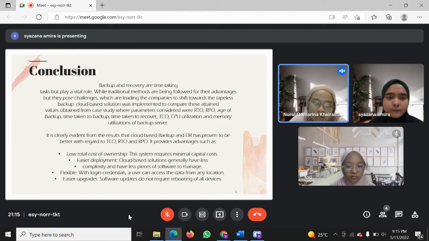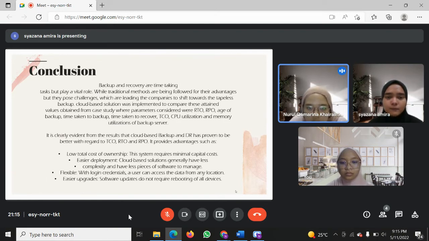For the conclusion, backup and recovery are time-taking tasks but play a vital role. While traditional methods are being followed for their advantages, they pose challenges which are leading companies to shift towards stateless backup.